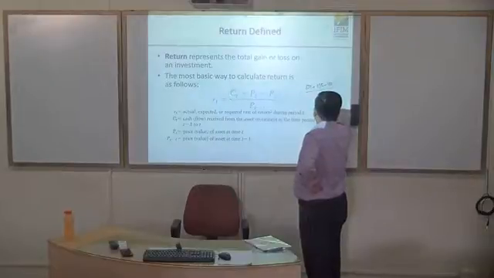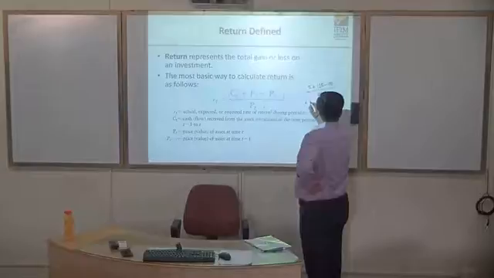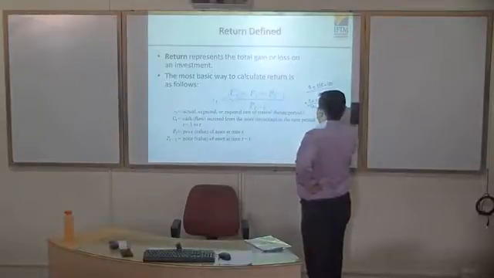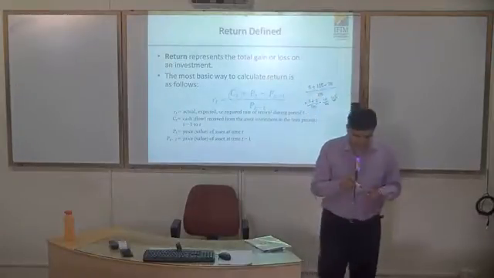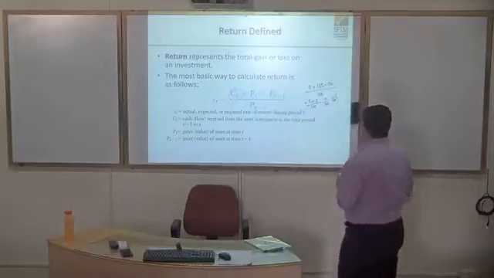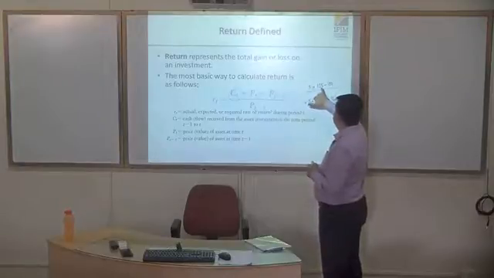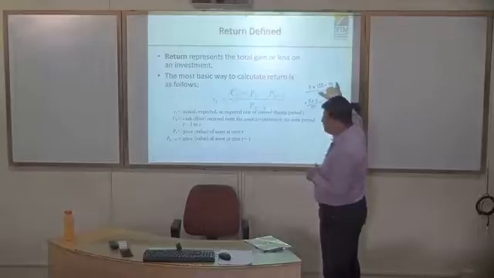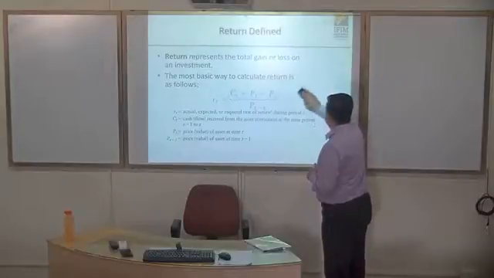Okay, let me give you a lot lesser amount here: say 5 rupees dividend. So that is 5 plus 5 divided by 100, 10%. That's the return I have got over a stock: the revenue that I was able to make, plus the current price minus the initial price at which I bought, divided by the initial price. So that's the formula.